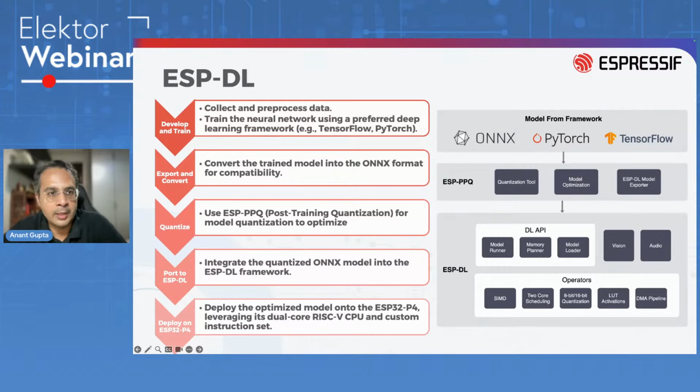You can train your neural network using any preferred deep learning framework like TensorFlow Lite or PyTorch, and then you have to convert those trained models into ONNX format, which is the Open Neural Network Exchange format.